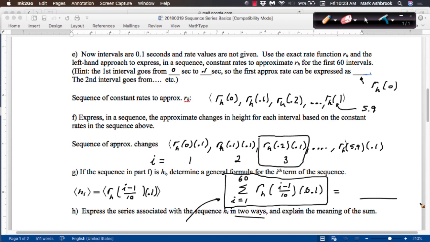She wants exact. Agree with that? It's approximate, because we have the R sub h function as the exact rate, and we're picking off these rates to be constant rates. So that makes it approximate, right? It's like we're making our step function out of R sub h. So we get the approximate change in height of the flag in the first 6 seconds, adding up the little individual changes, right?